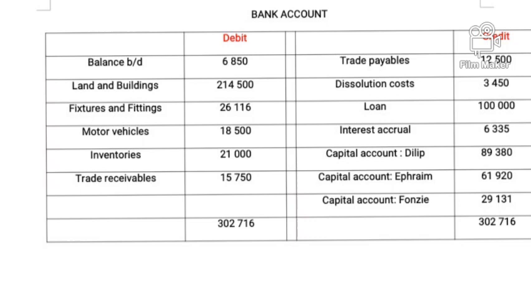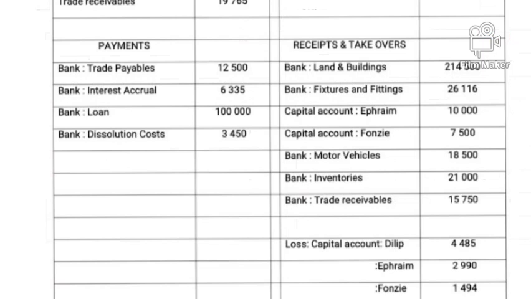So balance b/d 6,850, right? Then I'm going to transfer all the payments and all the receipts in the realization account. Remember, each and every payment and each and every receipt, I was highlighting it with the detail bank in the realization account. So I'm going to start with the payments.